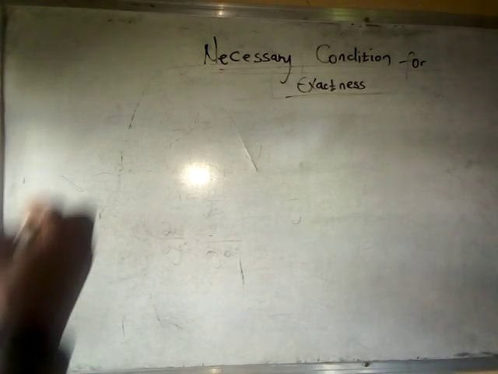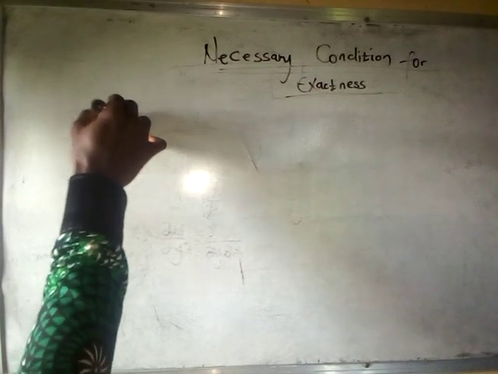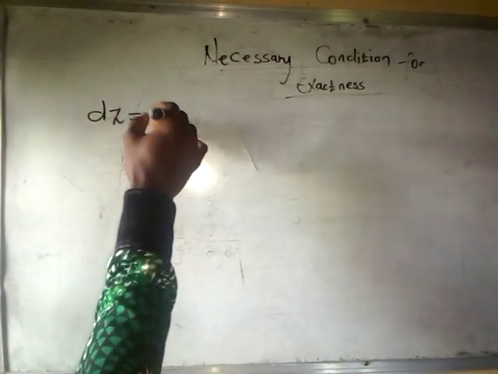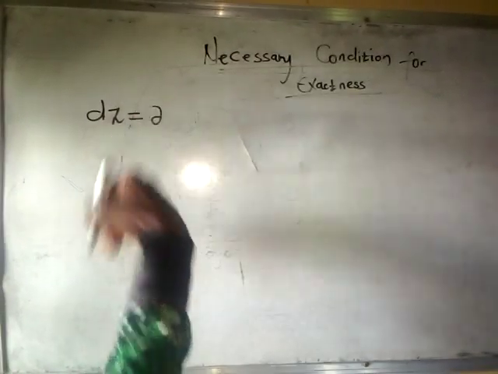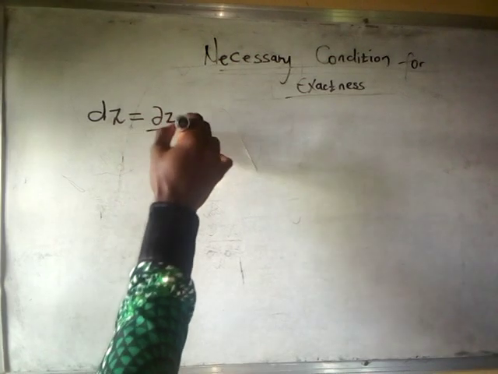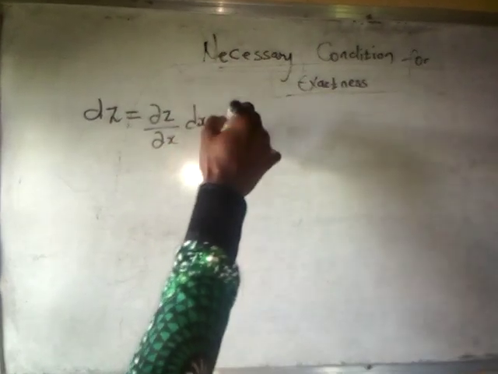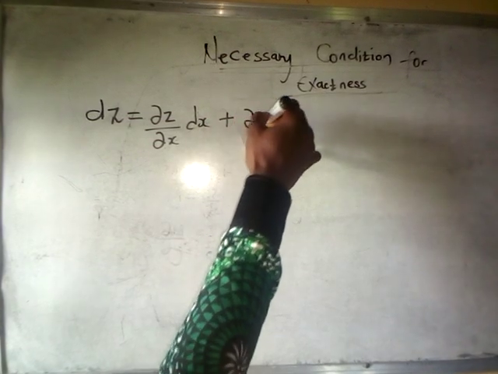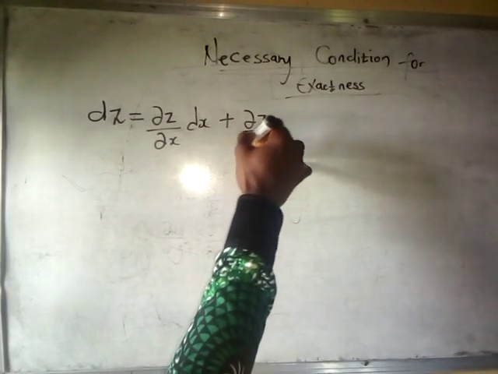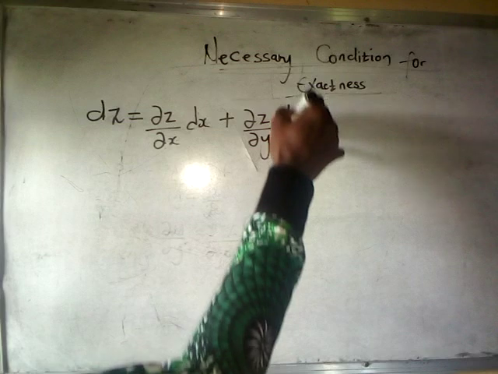If we have something like dz is equal to the partial derivative of z with respect to x, dx, plus the partial derivative of z with respect to y, dy.